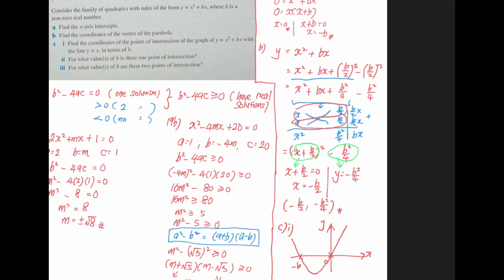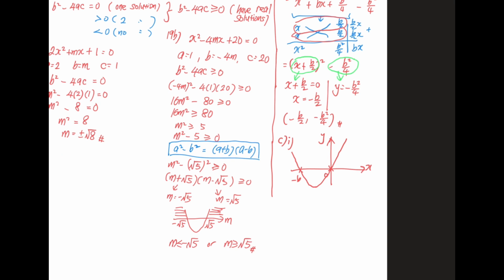Then at the same time we have also y equal to x. Y equal to x is another straight line. Oops, my graph is too straight already, so I have to modify it a bit, make it look more like a curve.